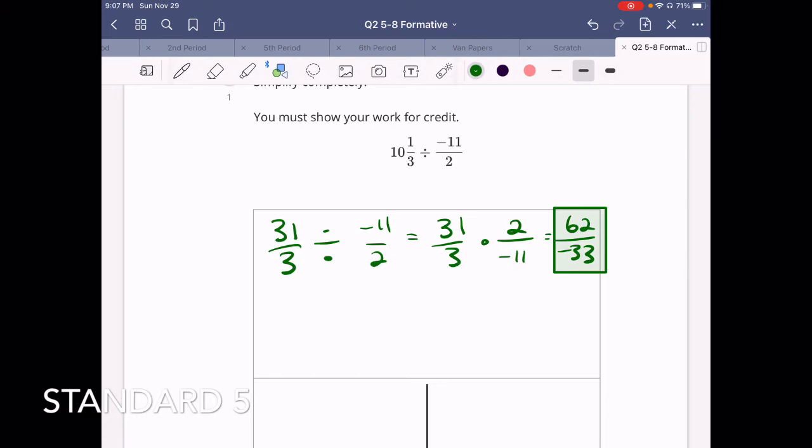Or I guess, as a mixed number, that is -1 and 29/33. I don't know what that is as a decimal off the top of my head.